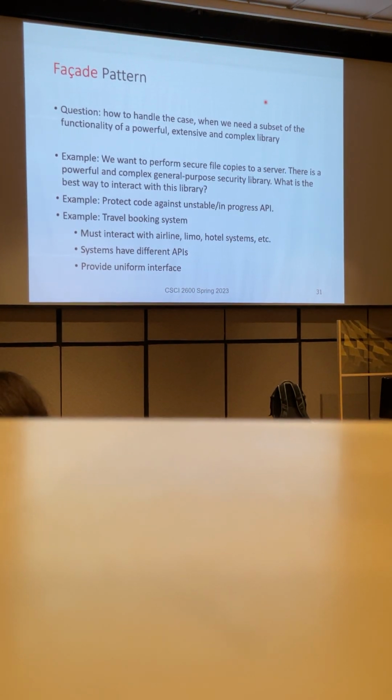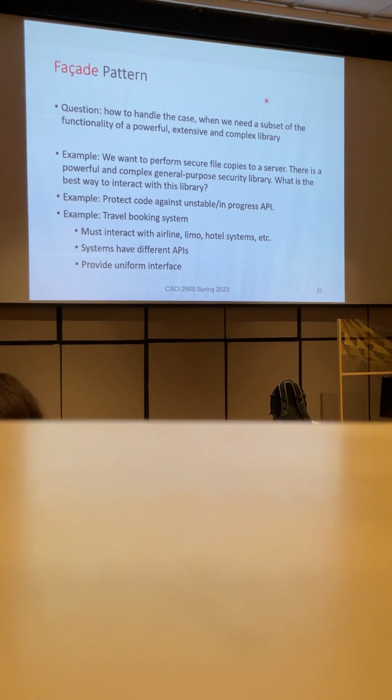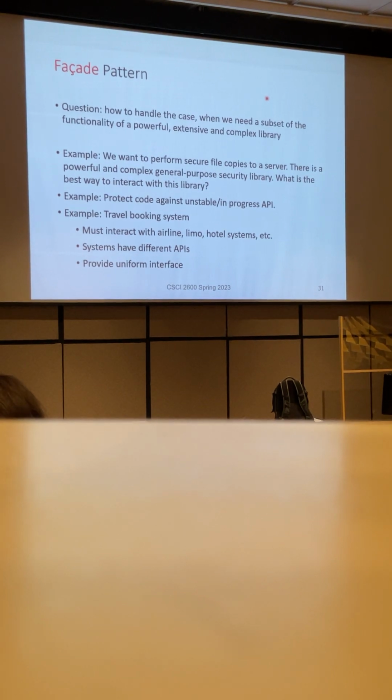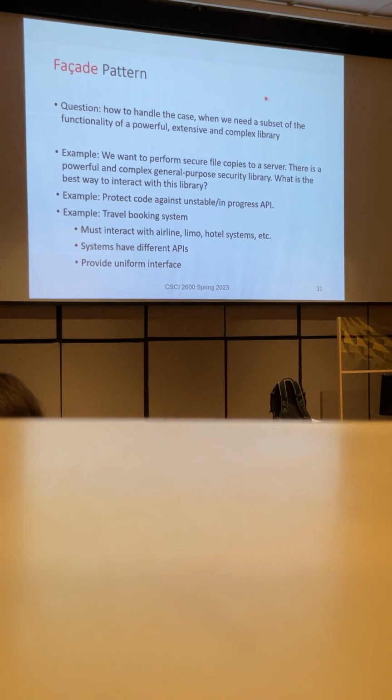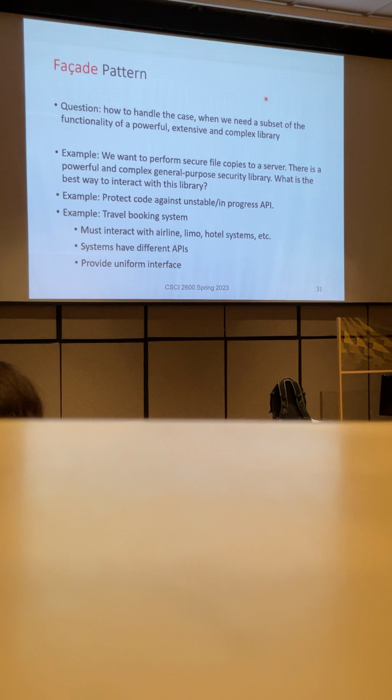There are several examples. We want to perform secure file copying, and there's a very powerful, complex general-purpose security library that can copy files, among other things, but that can do a ton of other things. And we don't want to confuse our client by telling them to just use that general-purpose security library, because it would be very hard for them to start using that library correctly because it's so complicated.